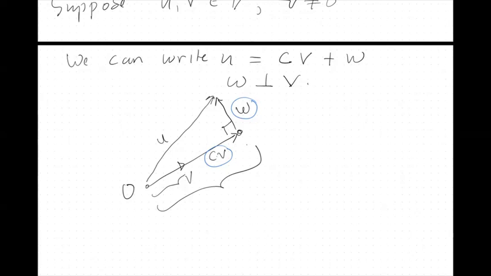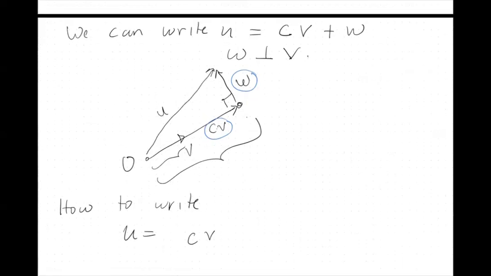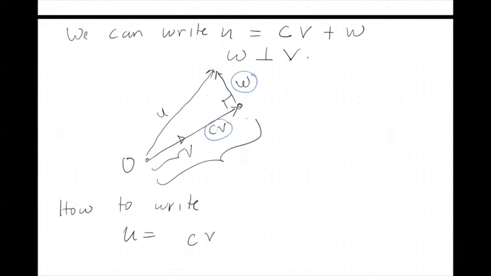So how do we write our u as c times v plus this w? Notice that your u here is just what?